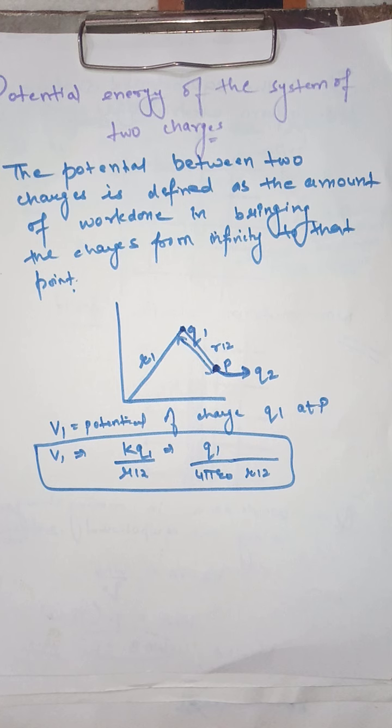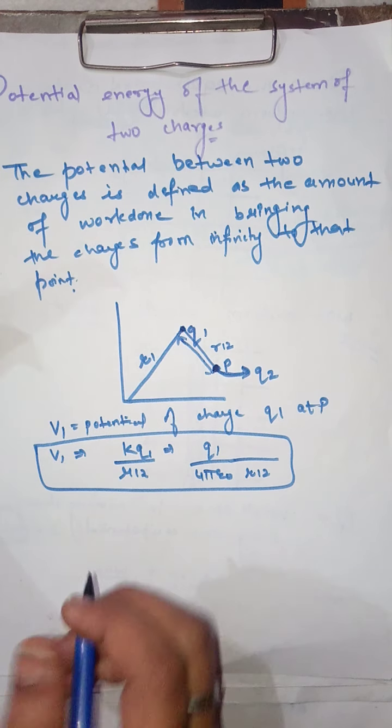You have brought your charge q2 to that place. तो कुछ वर्क आपको करना पड़ेगा, क्योंकि जो चार्ज पहले से उस सिस्टम में प्रेजेंट था, जैसे कि चार्ज q1, वो चार्ज अपनी पोटेंशियल या इलेक्ट्रिक फील्ड वहां जनरेट कर चुका है. So we have to do some work in bringing the charge q2 in the potential of charge q1.